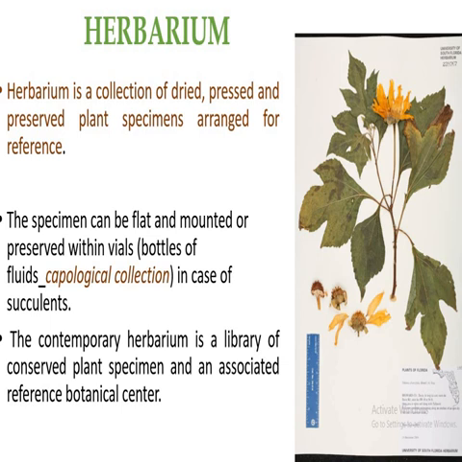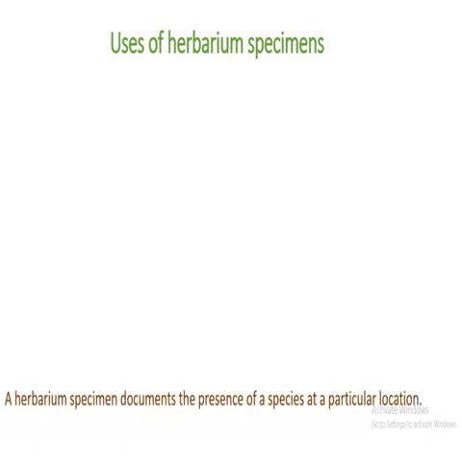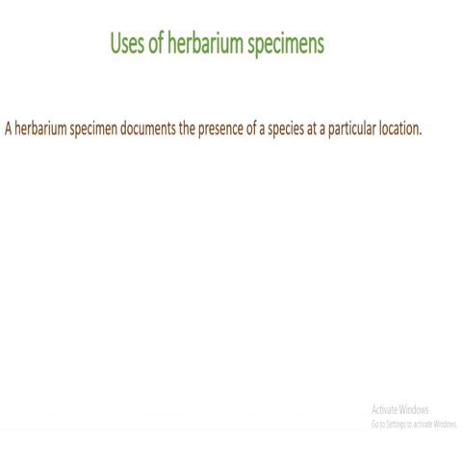Now, if you have a good quality herbarium specimen, it usually has several uses. The first use of a good quality herbarium specimen is that it records the presence of a given species in a given location.